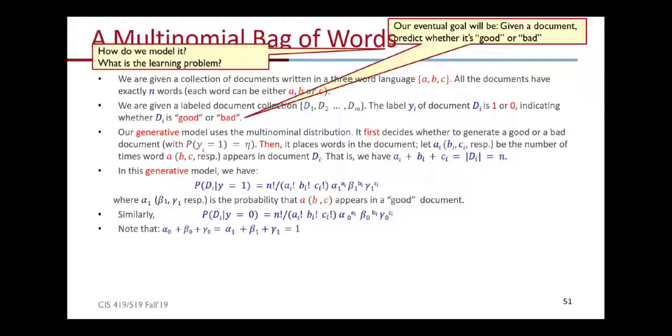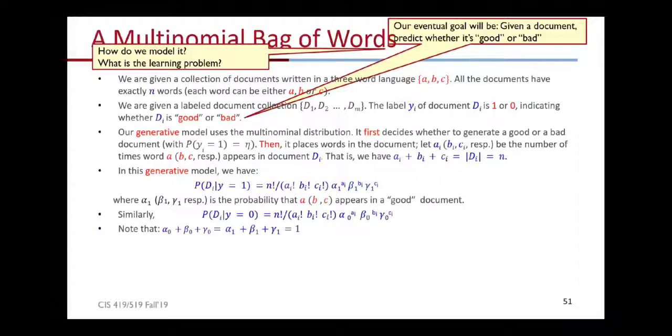The probability of observing the document Di, given that it's a good document, y equal 1, is going to be this. So the parameters that I'm going to use are alpha 1, beta 1, gamma 1. And this is my factorial coefficient that I showed before, n factorial over Ai factorial, Bi factorial, Ci factorial.